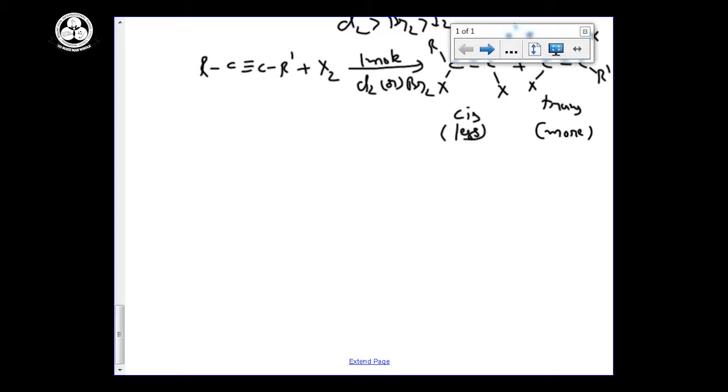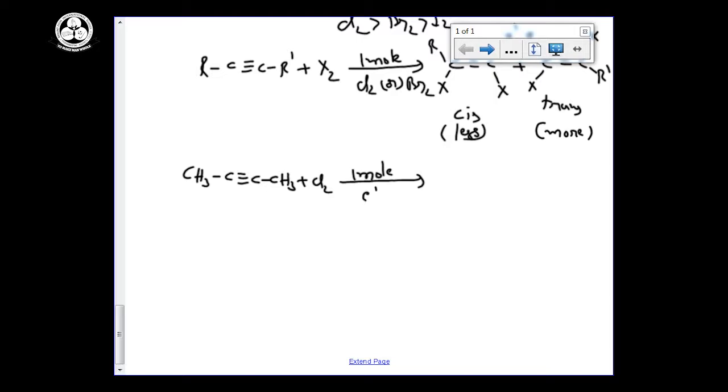No need to repeat the halogenation again and again. Suppose CH3, C triple bond C, CH3, I am doing the chlorination, but I am taking 1 mole only. While you are solving the numericals of JEE, sometimes they will mention 1 mole or 2 moles. That time you have to decide which is the more stable product.